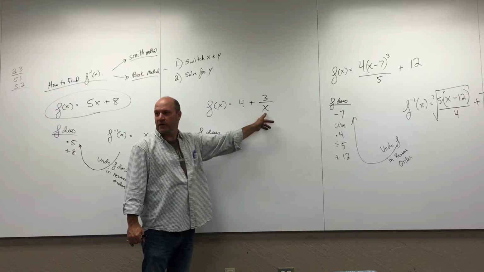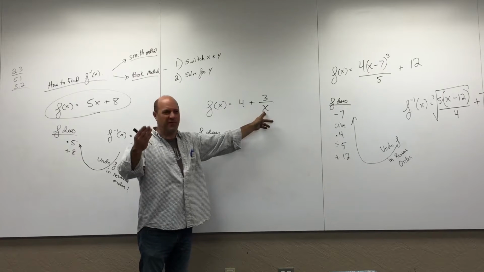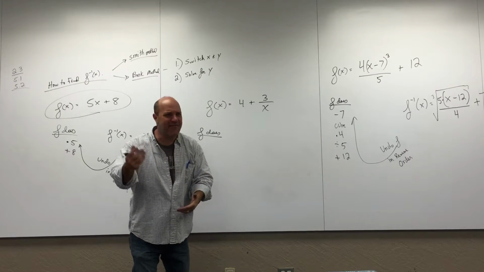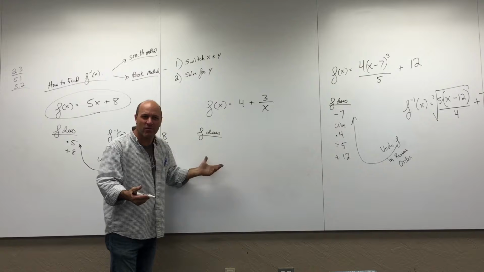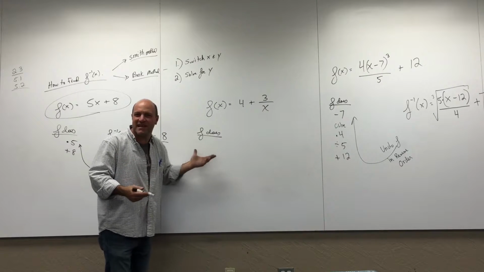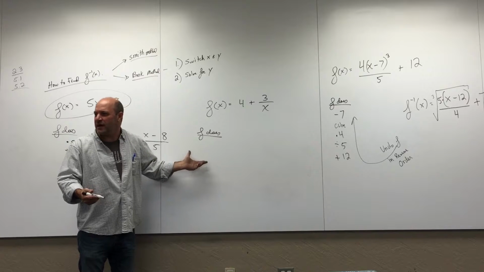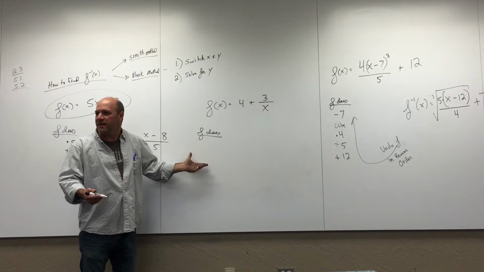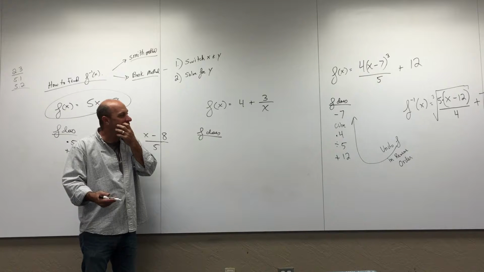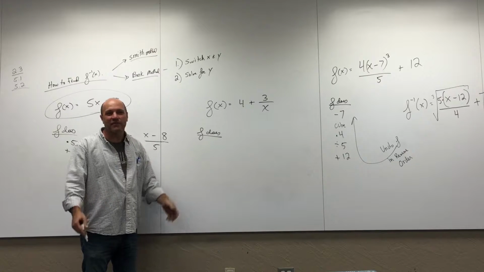Do I multiply by 3? No. I divide x into 3. So what am I doing to x? I have a hard time saying what I'm doing to x. You with me? I can't really say divide by 3, I can't say multiply by, I can't say divide into 3. It kind of fails.